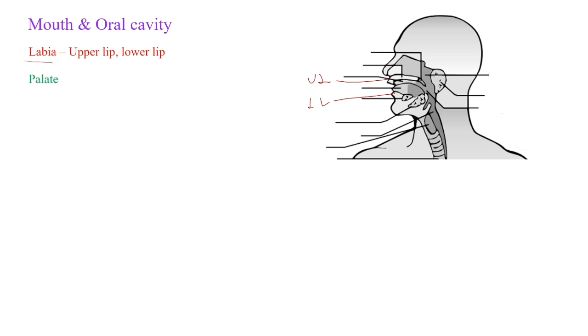In our head region, we have two structures: the nasal cavity, and below this, the oral cavity. These two are separated by a structure called the palate.